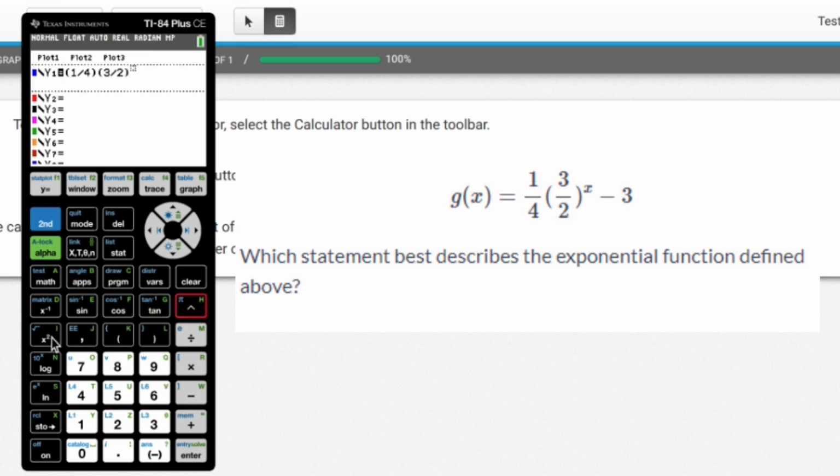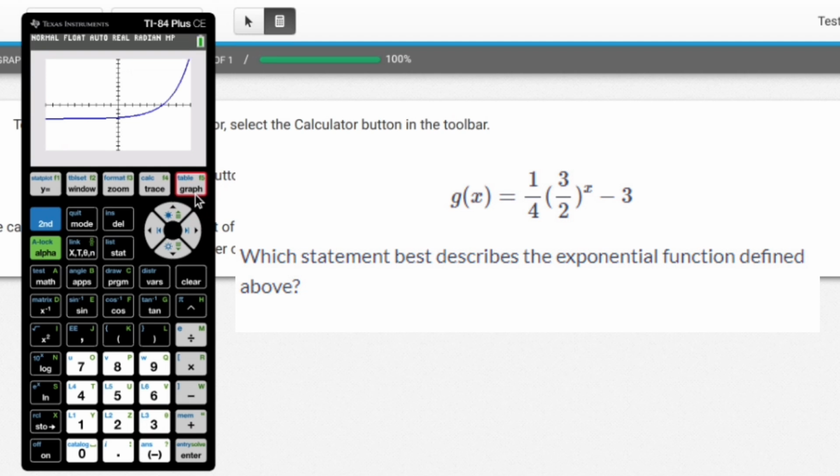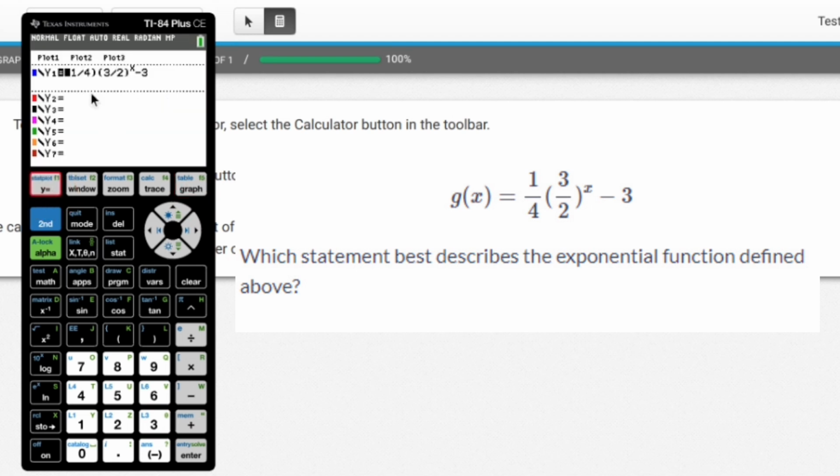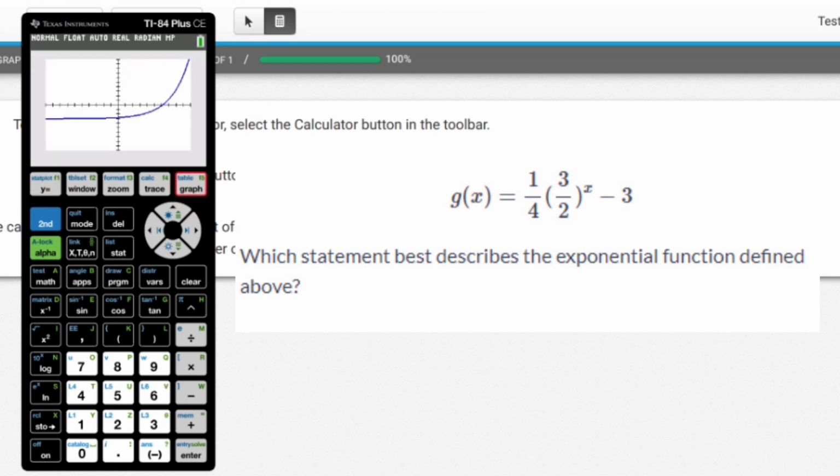To the x is right there, scooch to the right, minus 3. And let's hit graph and see if D seems to make sense. D demonstrates exponential growth because A is greater than 0 and B is greater than 1. Well, A is greater than 0, B is greater than 1, and yeah, that's exponential growth, so I'll take it, baby.